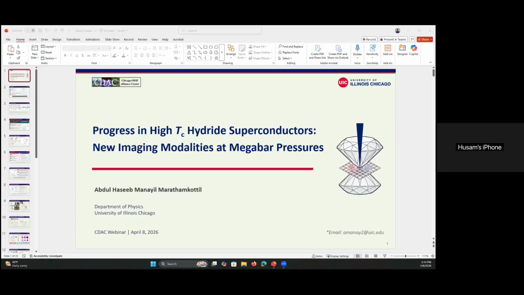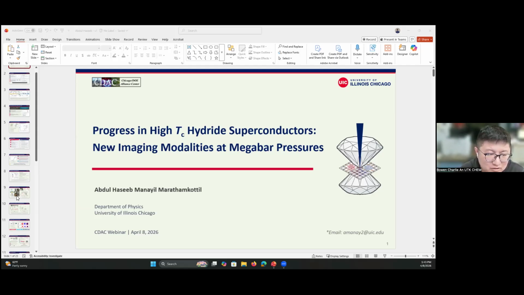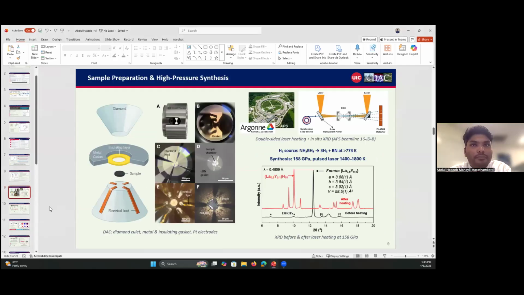It's okay. Oh, thanks. Hi, Abdul. That's a very great talk, and I learned a lot. But I want to take a look at page 9, the setup. You don't have any ruby inside the cell. How do you measure the pressure of this entire setup?